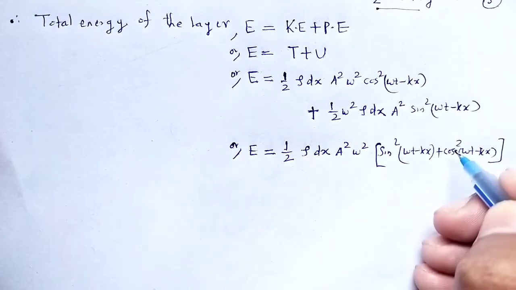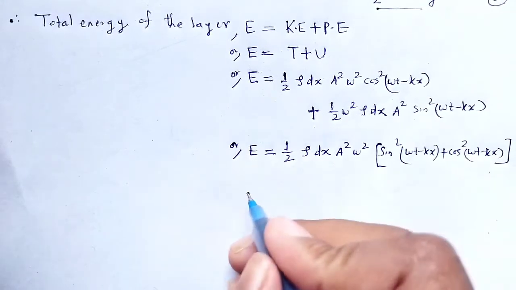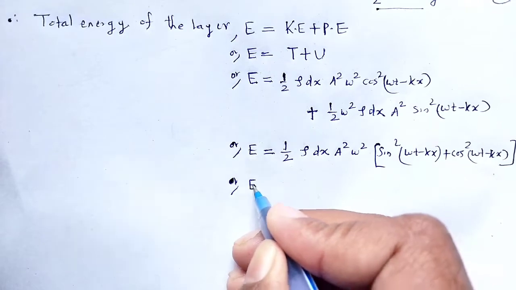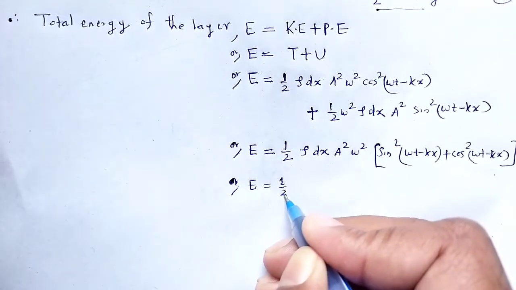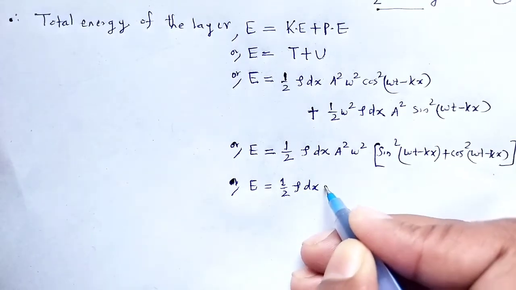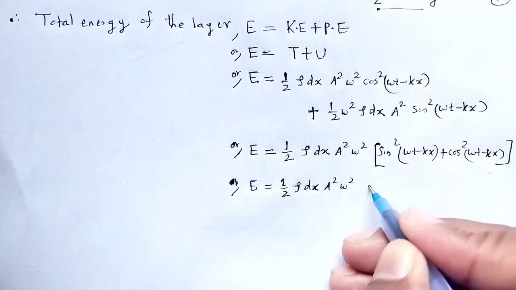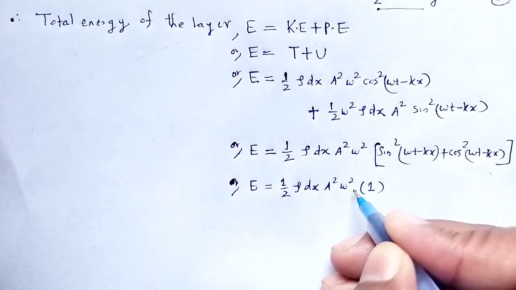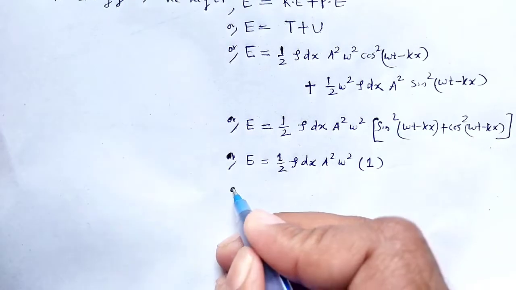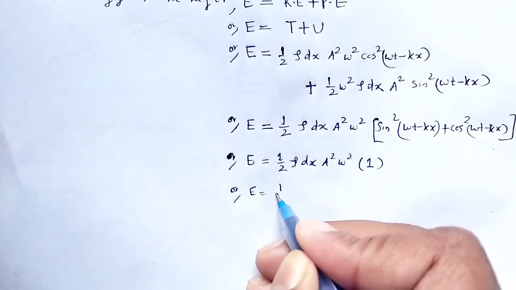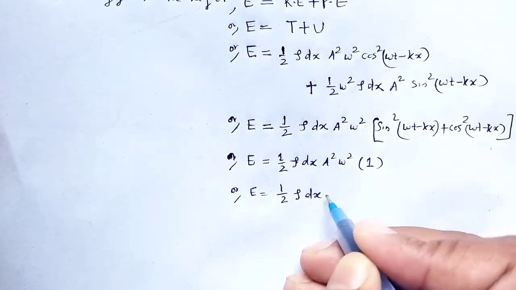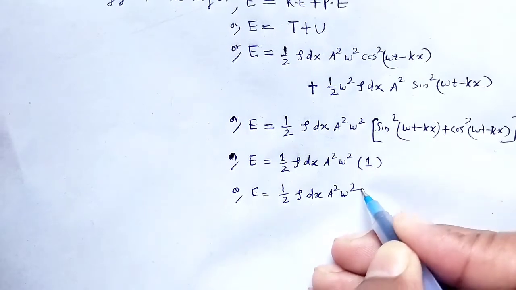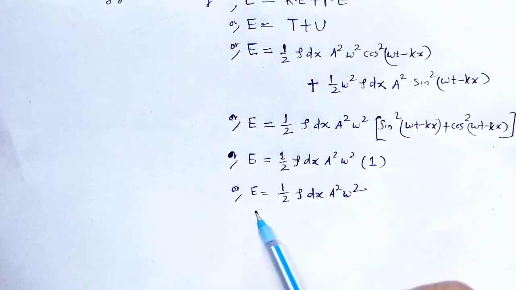Sin square theta plus cos square theta is equal to 1. Therefore, total energy is equal to half rho dx a square omega square into 1, or half rho dx a square omega square. That is the total energy.